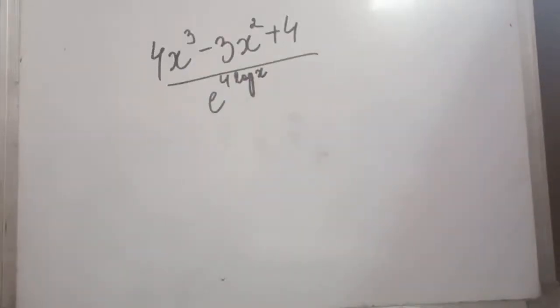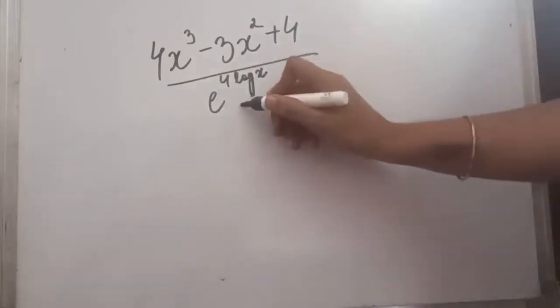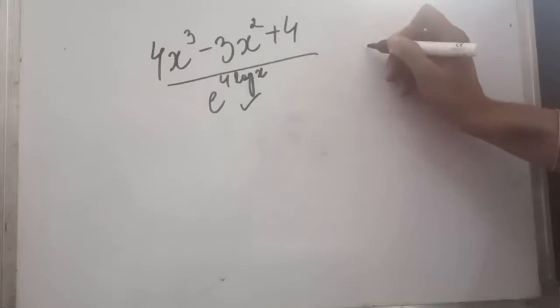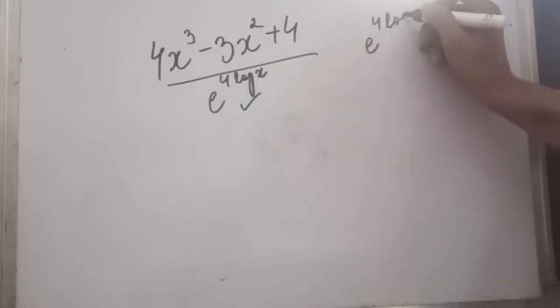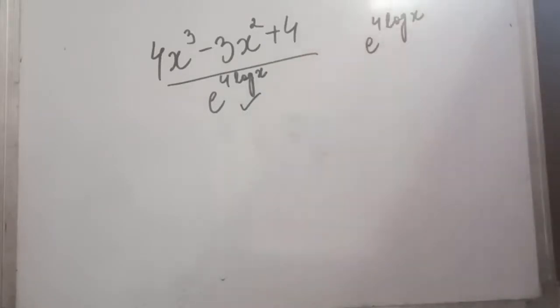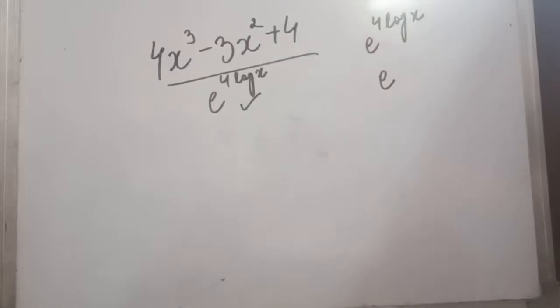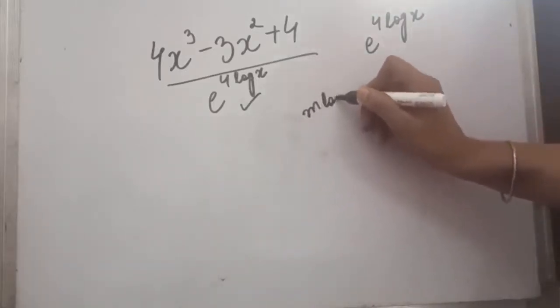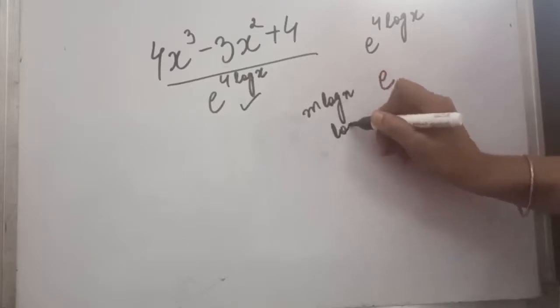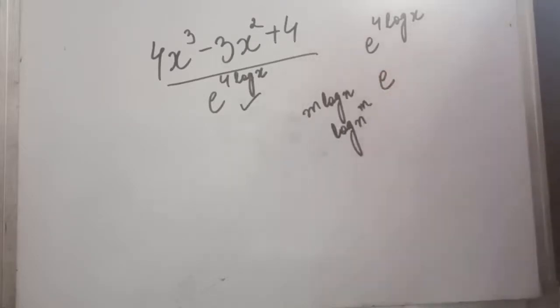Now this is the last question related to the division by denominator. Here also you see a different value in the denominator. So let us first solve this e power 4 log x. Now in case of log, we just have the rule that if we want to change the values, we can always change them with the help of this m log n formula, as we have seen initially when we started up with the chapter.